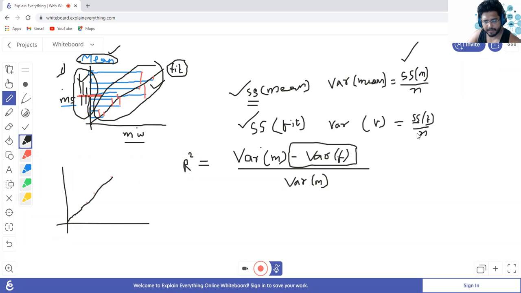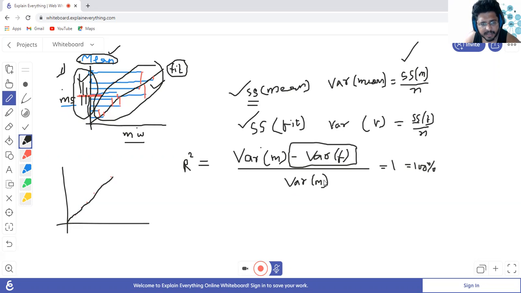Variance is 0 by n, that is also 0. So here it is 0. So it is 1, that is 100%. So that means when my variance of f becomes 0, my r square value becomes 100%.